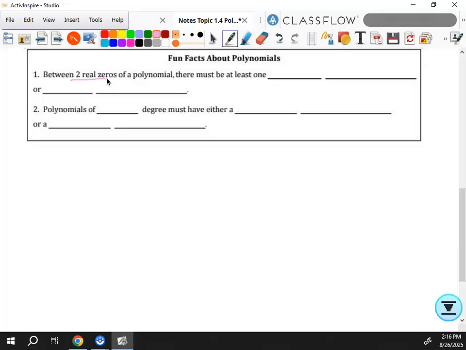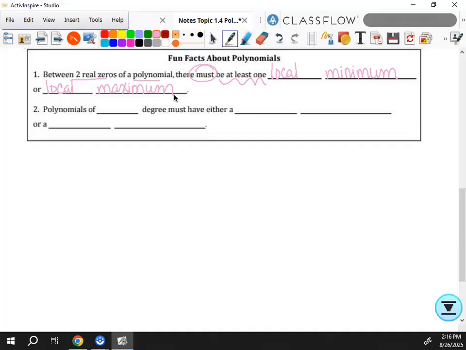So between two real zeros of a polynomial, there must be at least one local minimum or local maximum. Okay, must be at least one.